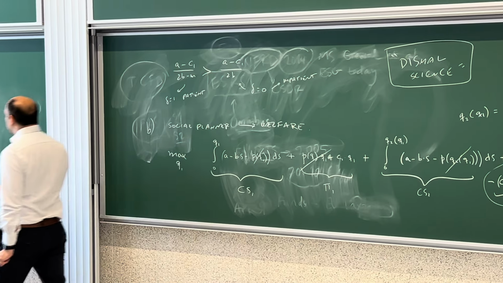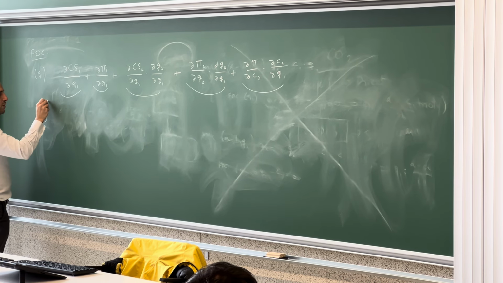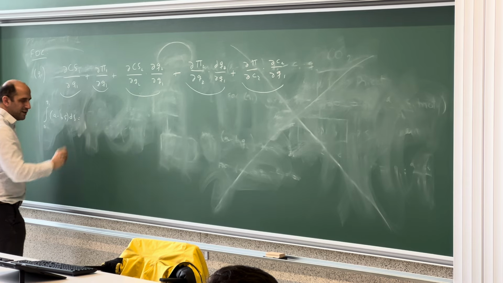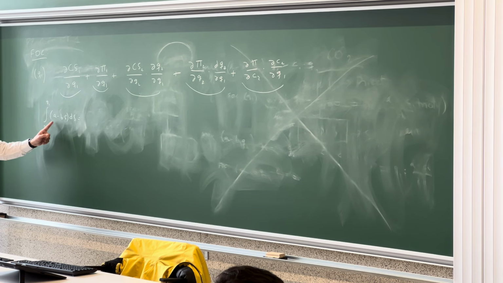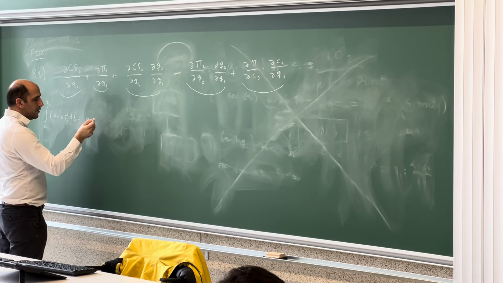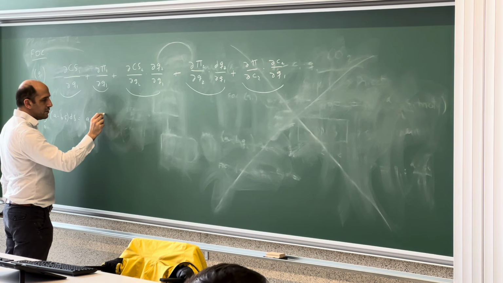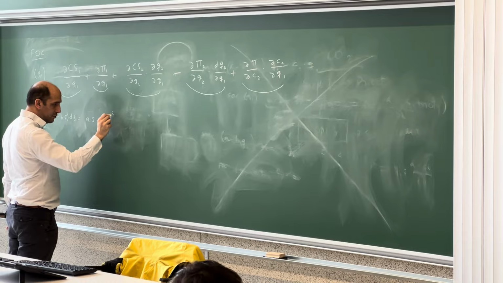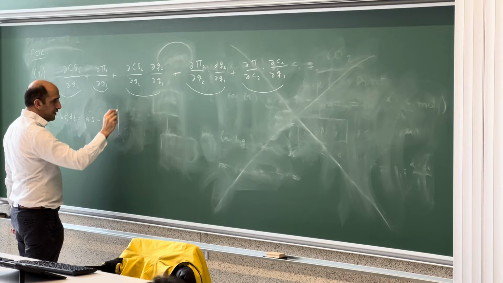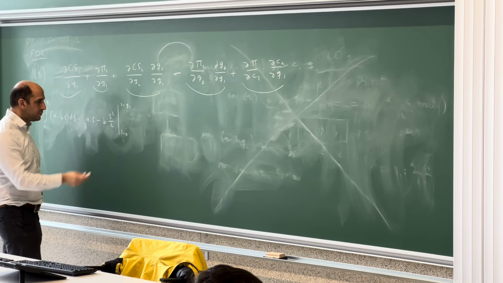What's the integral between 0 and Q1 of A minus B times S? It's a constant times S, right? A times S minus B times S squared over 2, evaluated at S equals 0 and S equals Q1.